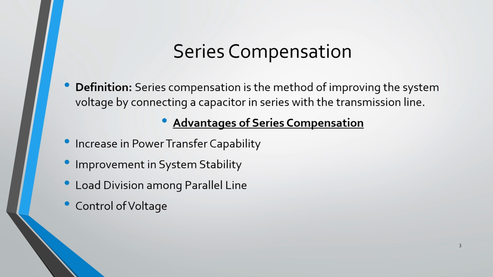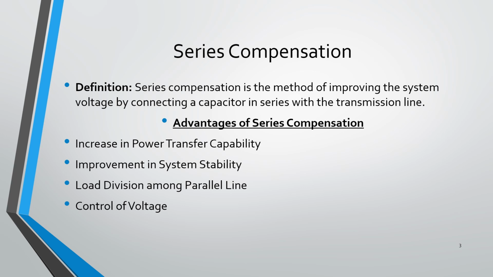The second one is the improvement in system stability. For the same power transfer and the same values of sending and receiving end voltage, the phase angle in the case of a series compensated line is less than that of the uncompensated line. I will repeat myself: the phase angle in the case of a series compensated line is less than that of the uncompensated line.